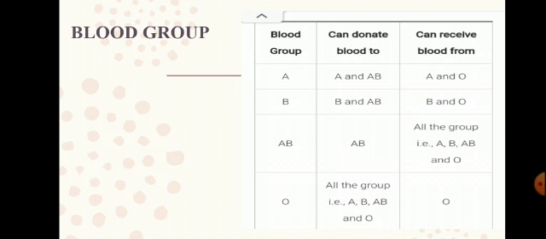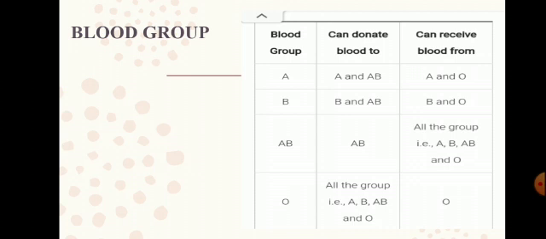Okay, blood group B can donate blood to group B and AB. Blood group B can receive blood from group B and group O. Then blood group AB can donate blood to only AB.